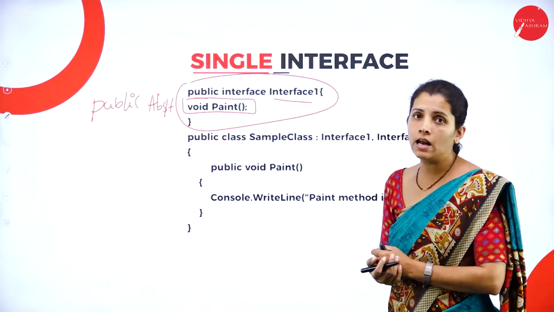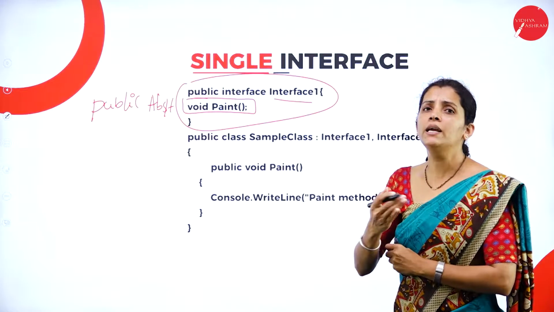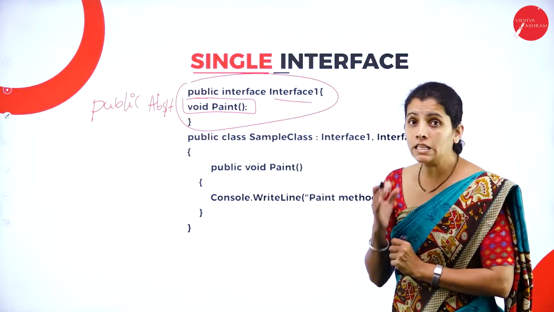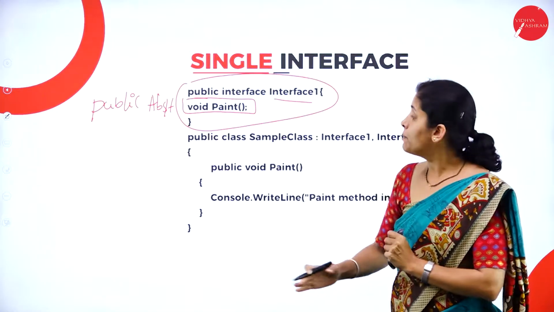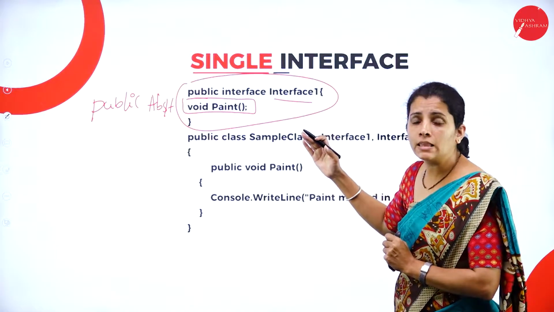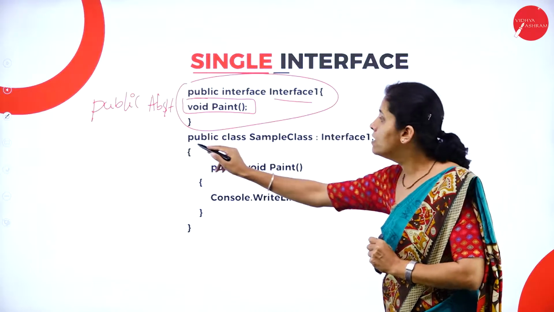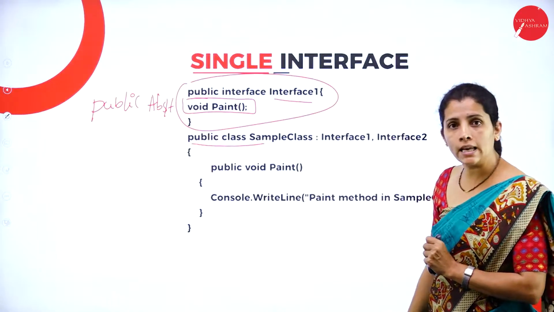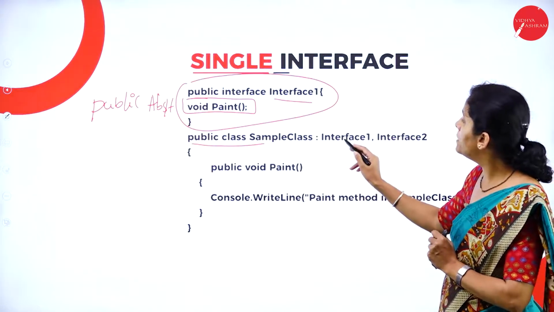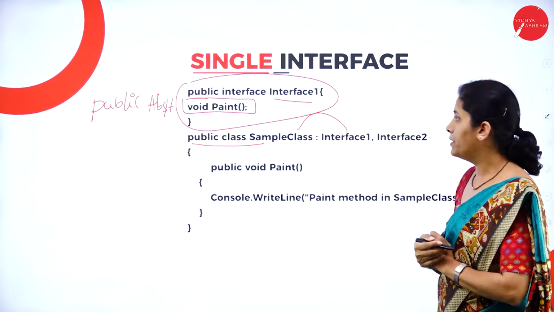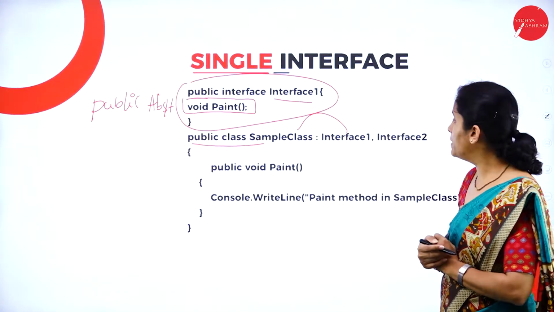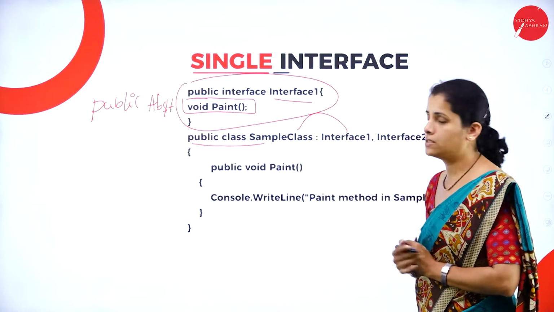For that reason, I am going to use the keyword implements. But in C#, I am going to follow the same method as inheriting a class. That means I am going to create the class and I am going to implement the interface.